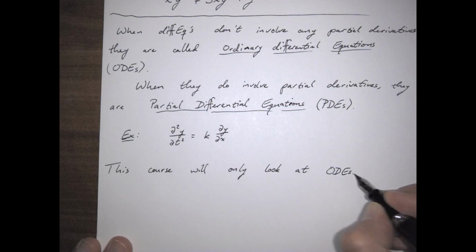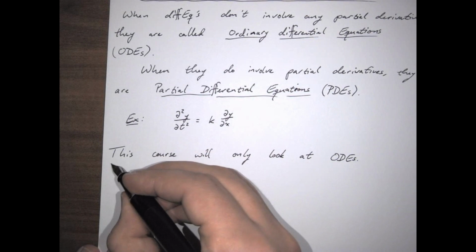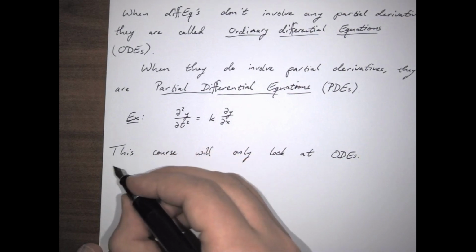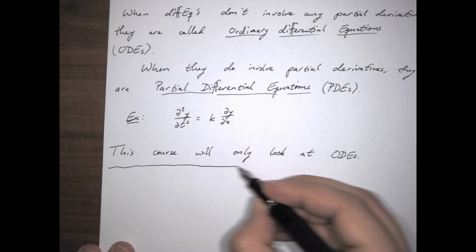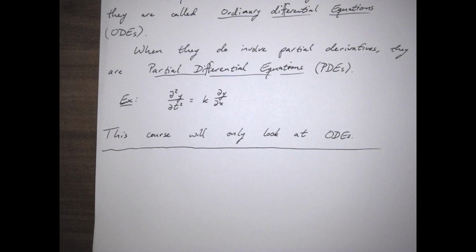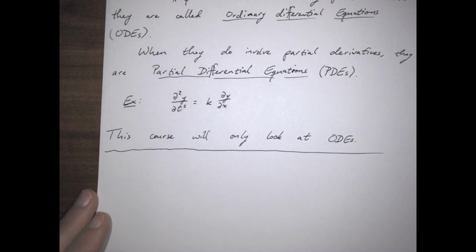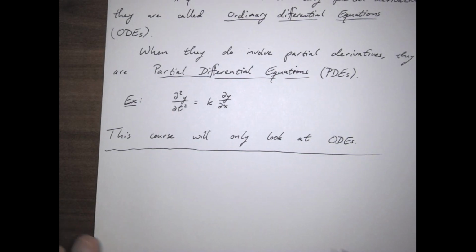Partial derivatives are a bit harder than ordinary derivatives, which means partial differential equations are a lot harder than ordinary differential equations, and it's a more advanced topic that you'll have to take another class to learn about. All right, now when it comes to higher order differential equations, that's when we start requiring either more initial conditions or else boundary values.